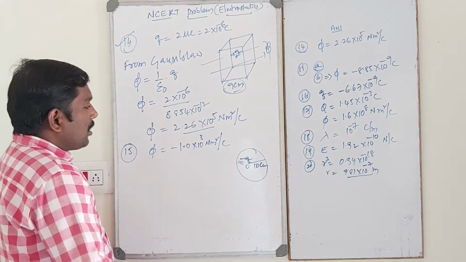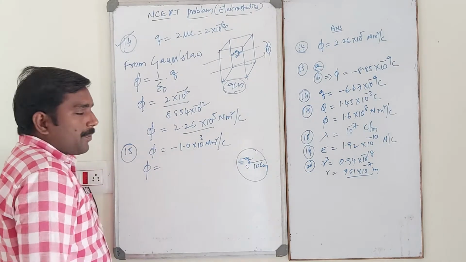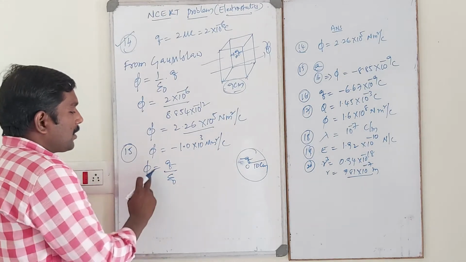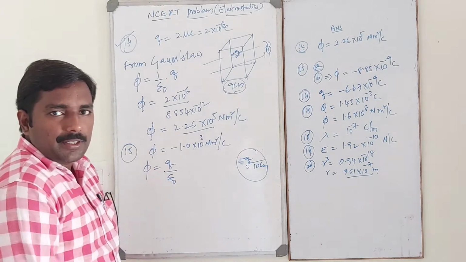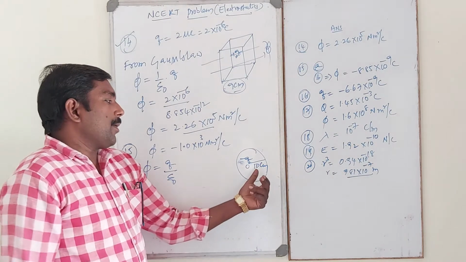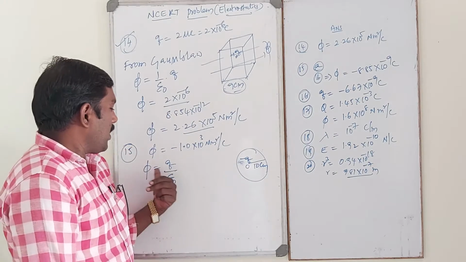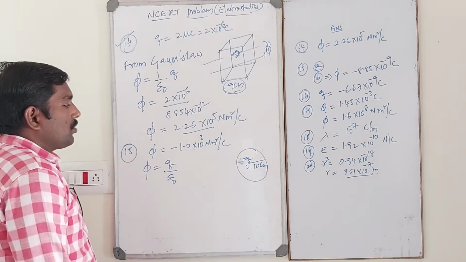Please remember: electric flux only depends upon charge. According to Gauss theorem, flux phi is equal to q by epsilon naught, so it is independent of radius. Suppose the radius increases by 2 times, 3 times, 4 times, whatever, the flux remains constant.